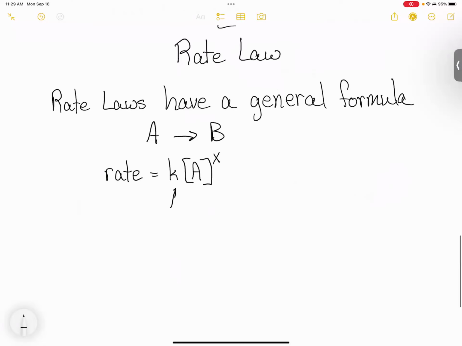This lowercase k is called the rate constant. And the power is called the order.